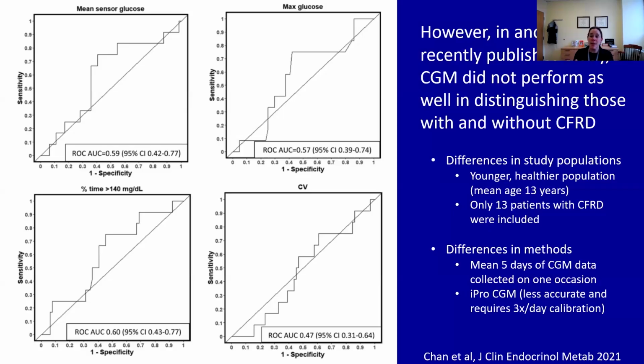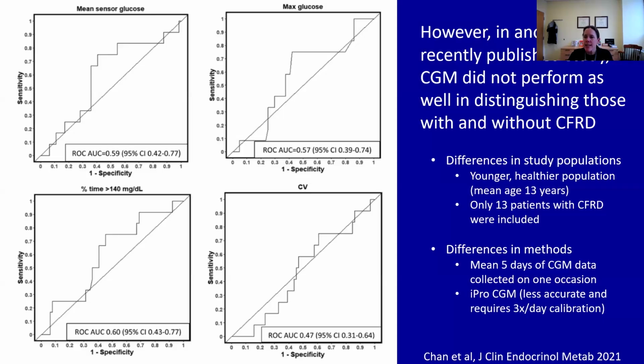And I think the big reason here is that our populations were very different. Her population had a mean age of 13, a very low risk of diabetes. They were much healthier, and only 13 of those patients had diabetes versus over 30 of our patients. In addition, they used 5 days of CGM data collection with an iPro system, and we had almost a month worth of CGM data in our patients.